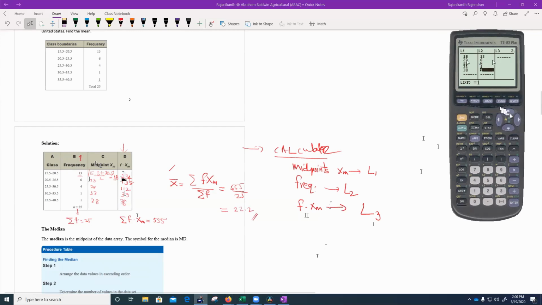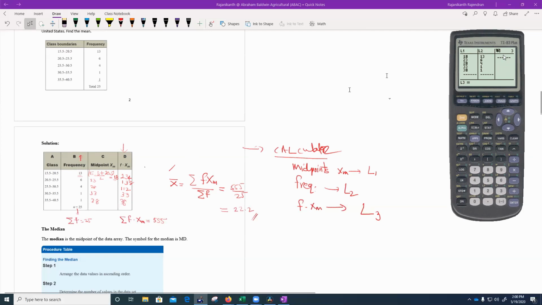So you move your cursor to L3 and highlight L3. I'm going to define my L3 column. My L3 column is nothing but the product of F and XM, right? My F is in the L2 column and my XM is in the L1 column. So simply you need to multiply L1 and L2 to get the L3 column.